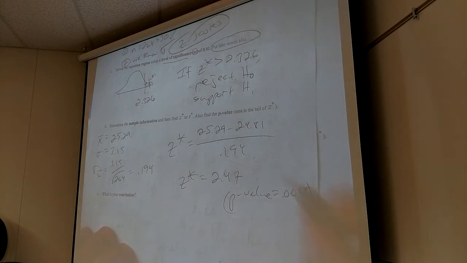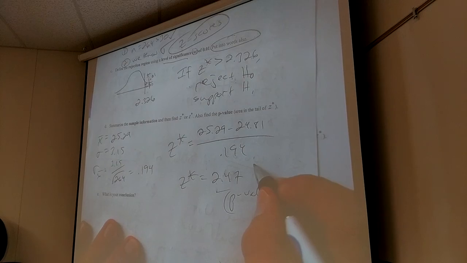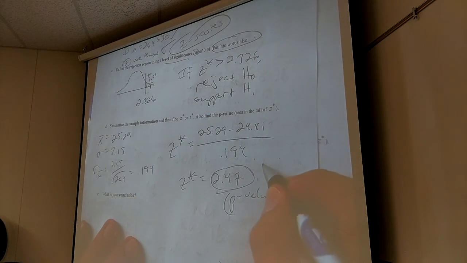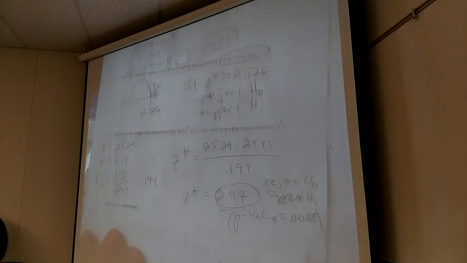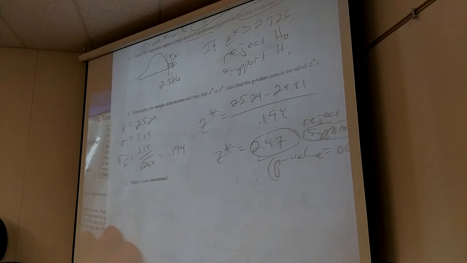Okay. And right here, I already know what the answer is. What can I write right here? 2.47, I'm in there, so what does that mean? We can reject it. Which one was the claim? The claim was H1, so I want to use this language. So what is your conclusion?